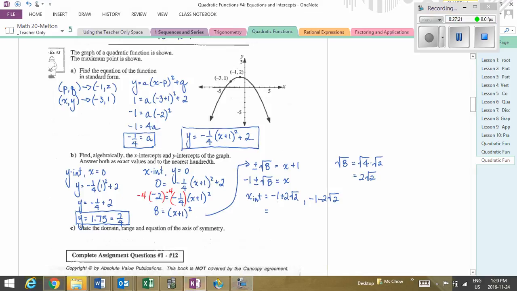So let's write those in then. So adding the positive ended up being 1.83, and the other one was -3.83. So those are your x-intercepts then.